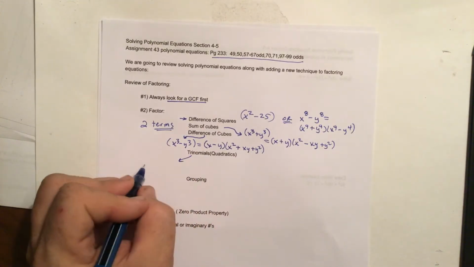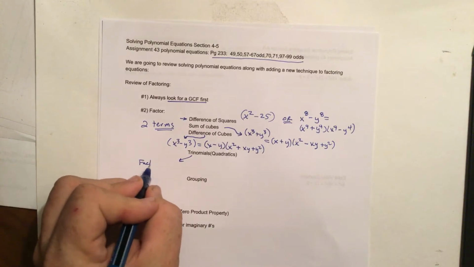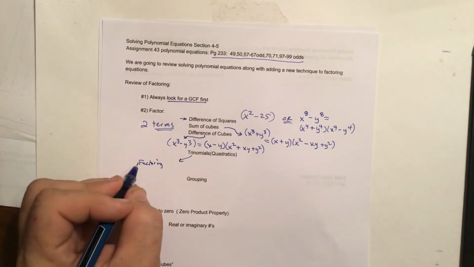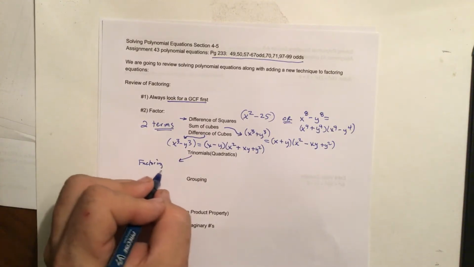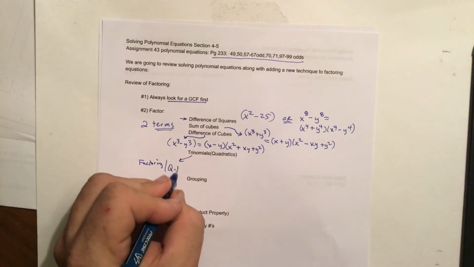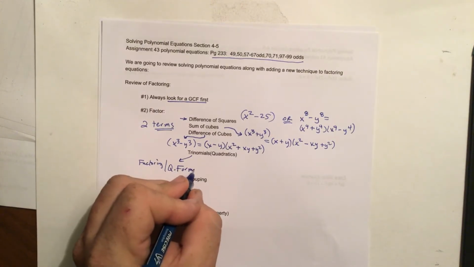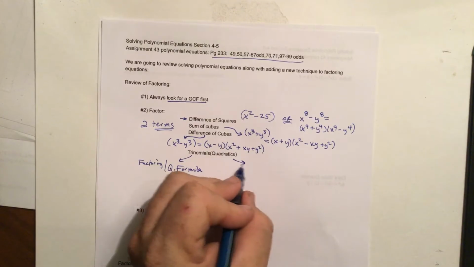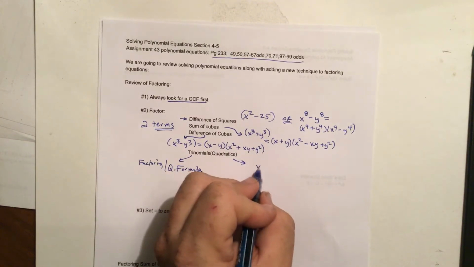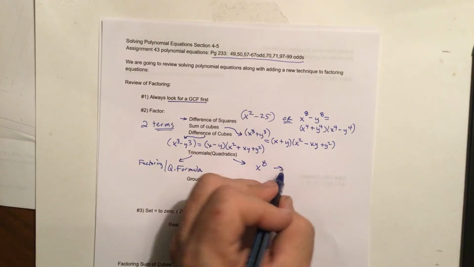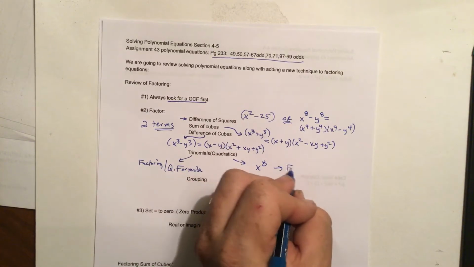Don't forget quadratics. We have factoring, or we have the quadratic formula. And if we have anything with a larger power, x to the 8th, stuff like that, we're going to factor those.